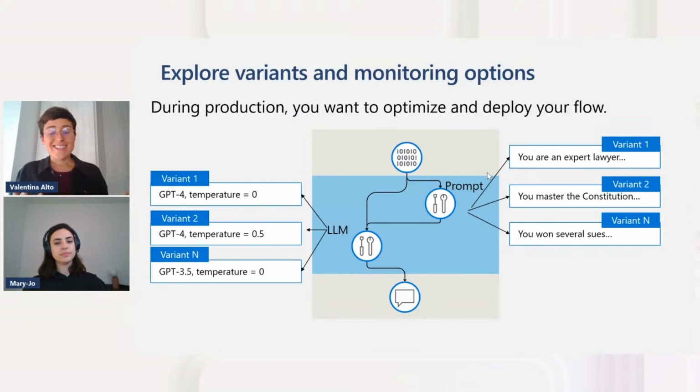You can decide either to create a flow for each configuration and then evaluate each flow, which means runtime, compute, and time, or you can create variants. Variants are nothing but copies of a component or a node within the flow that live within the same flow. Because probably when you want to test variants of a component, you don't want to change the whole flow, but just a component. So there is no need to build again the whole flow with that variant.